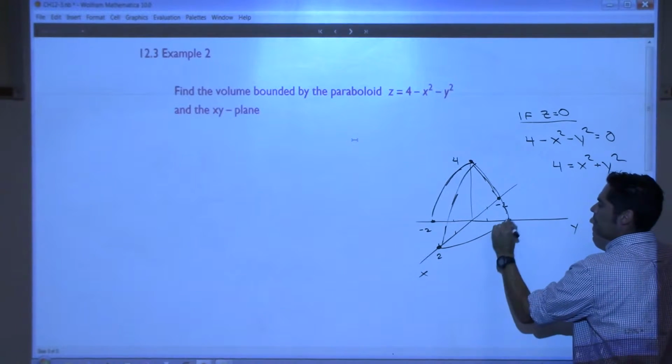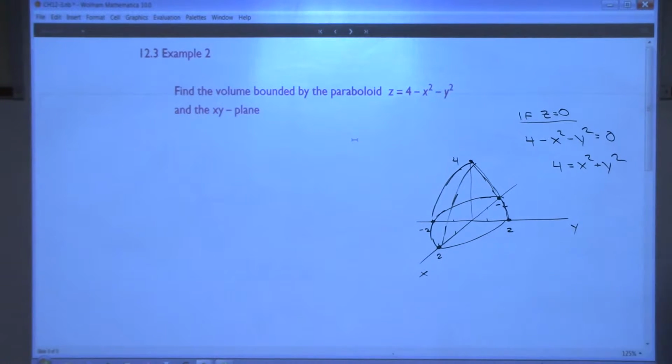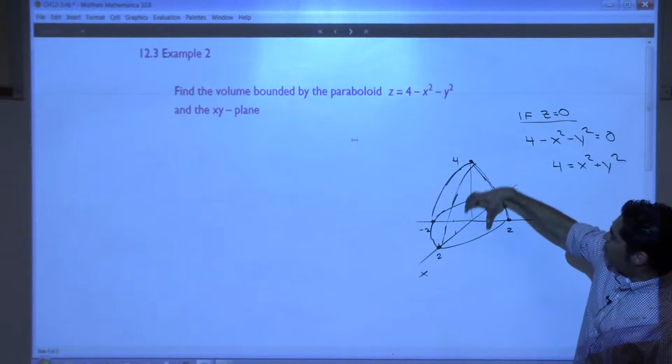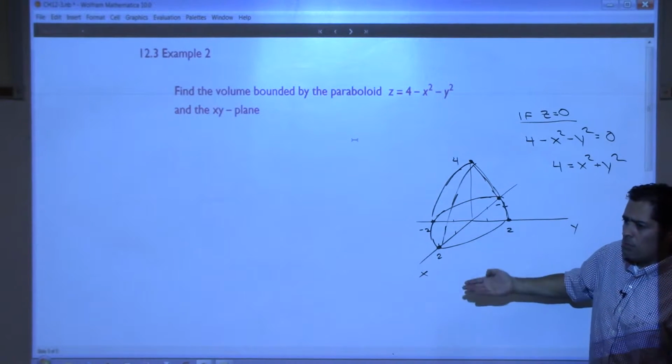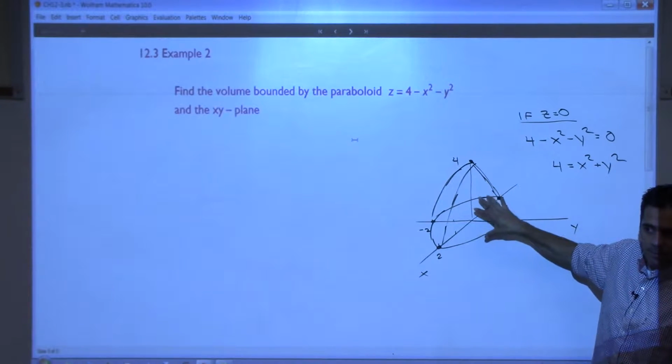So this should be a circle on the ground, right? Do y'all see that? I'm trying to find the volume bounded by that paraboloid and the xy plane. So it's that object that I just drew there, right?